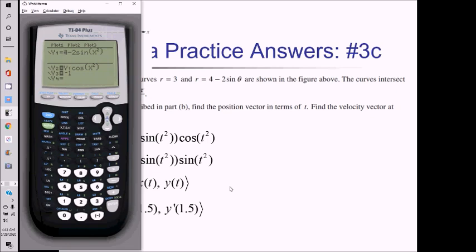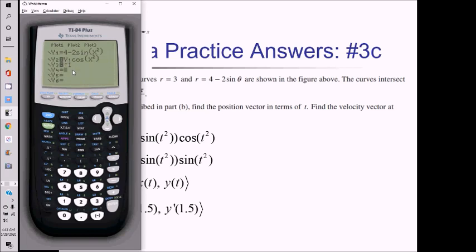To minimize my chances of making mistakes on this, I'm going to do a little bit more work in my y equals now. So back in part B, I did, let's see, y1 cosine of x squared. That's basically x of t. We have that r function with a t squared in there times cosine of t squared. So that's in y2. And I'm not going to bother erasing y3, just leave it in there.